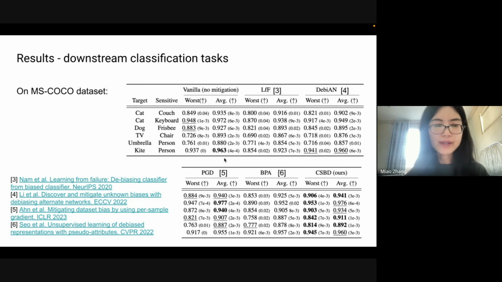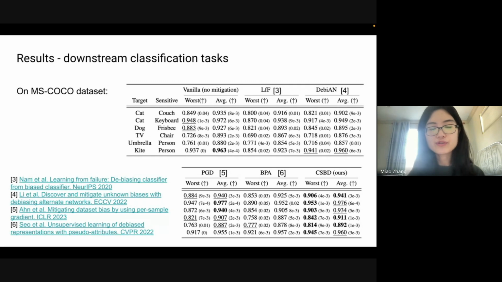We compare to the unsupervised bias mitigation baselines, as listed here. Most of them use model-based methods that cluster samples in a model latent space and try to upweight the clusters that have lower accuracy. But different from them, we try to solve the problem from the data's aspect.